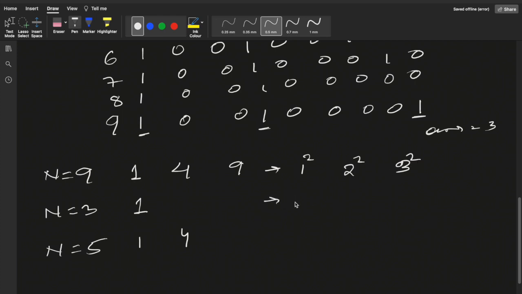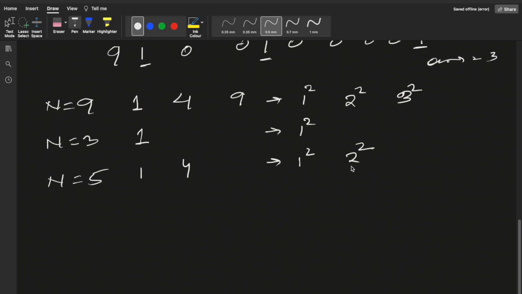Similarly this one also 1 power 2, then this one also 1 power 2, 2 power 2. So if you see, we are getting the answer for each perfect square.